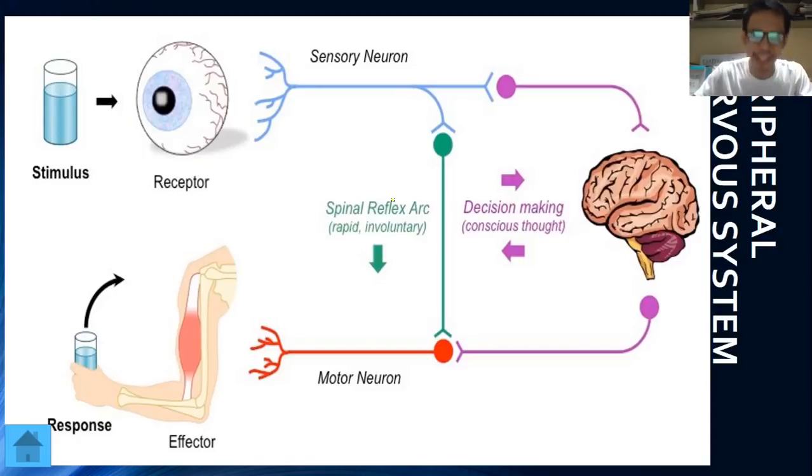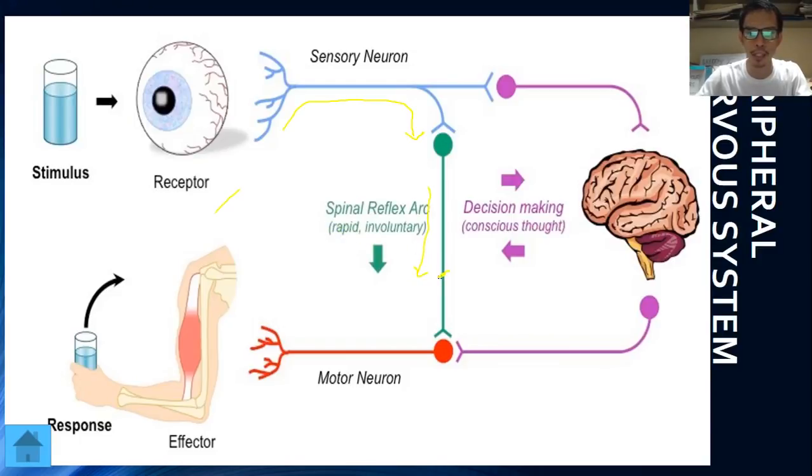So what happens here is, for example, the eye sees a stimulus, which is the water over here. What will be the response? The eye will send information, and the sensory neuron is connected to an interneuron, which is found in the spinal cord.